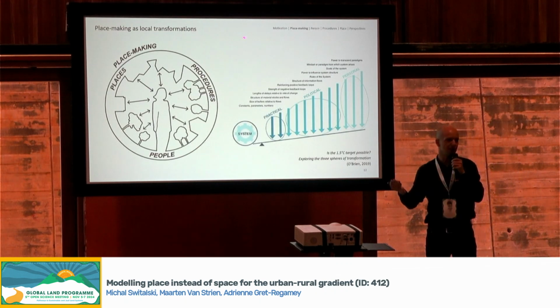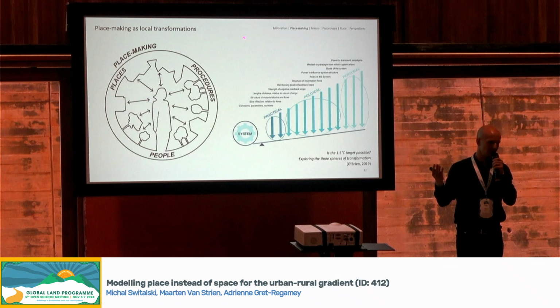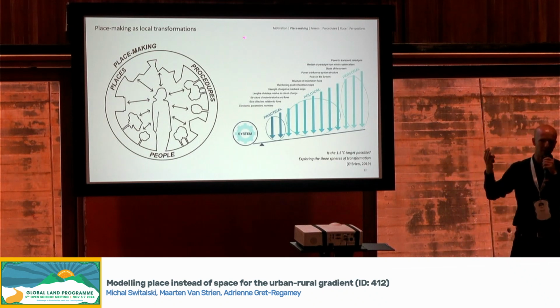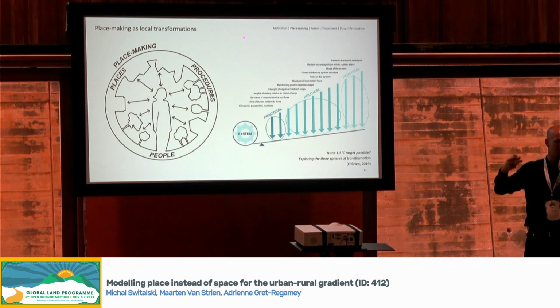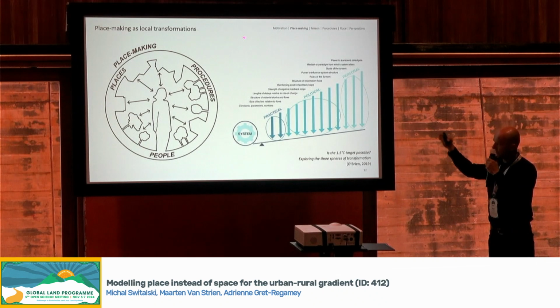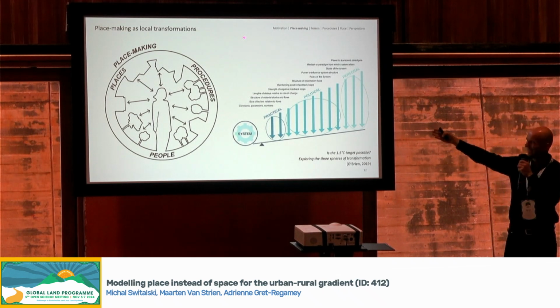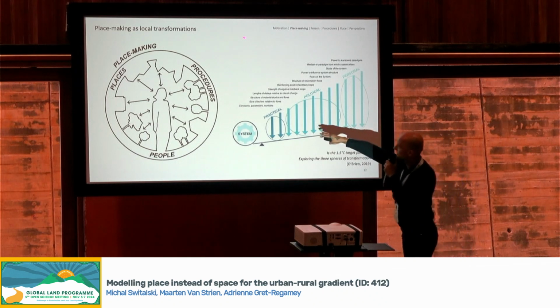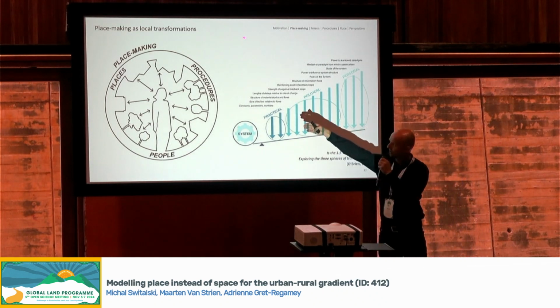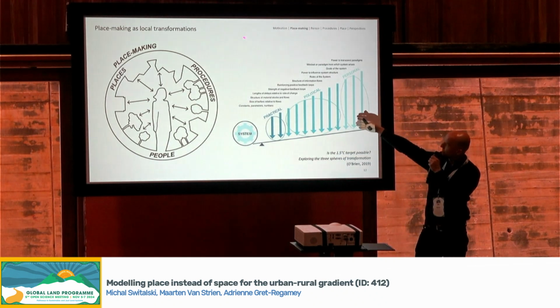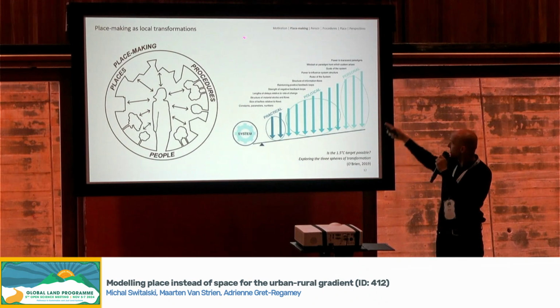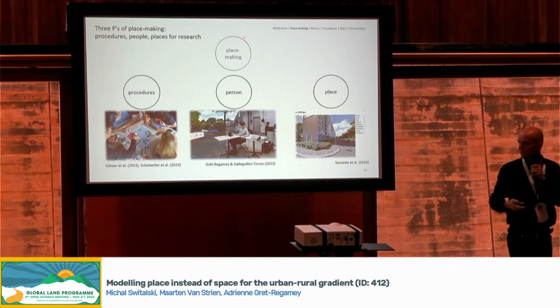For those who are less familiar with place studies as a field, you can think of placemaking as very localized transformation pathways, as you see here, where practical levers correspond to places, political to procedures, and people to the personal attitudes.